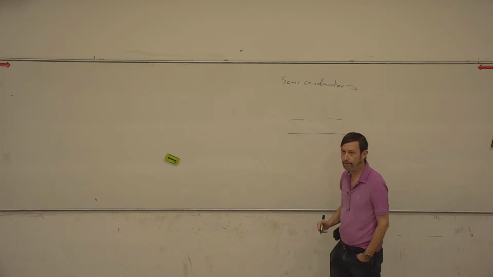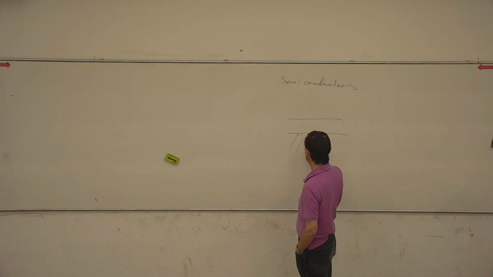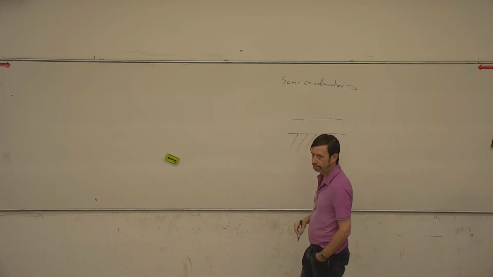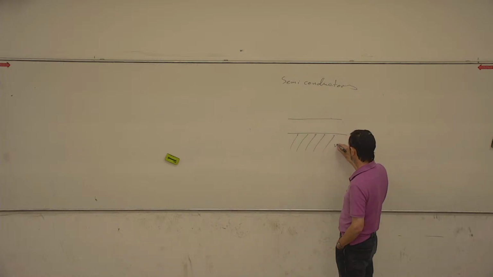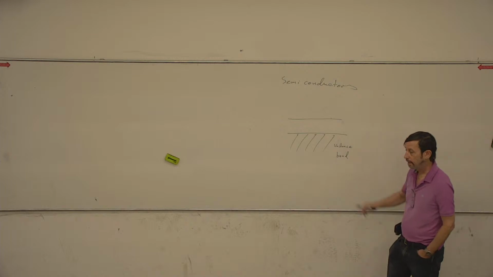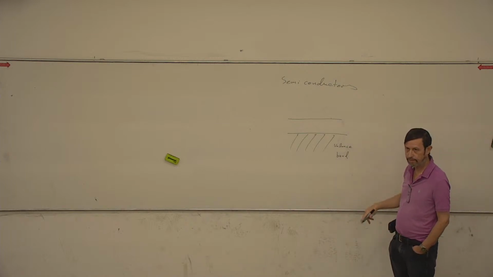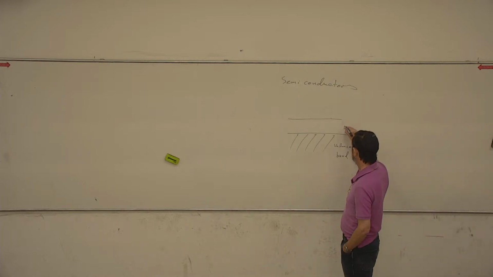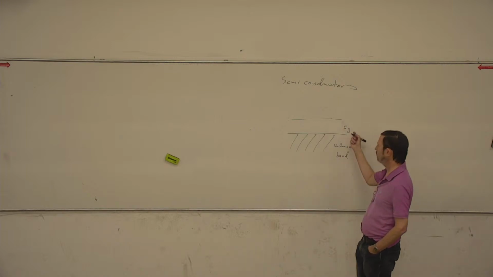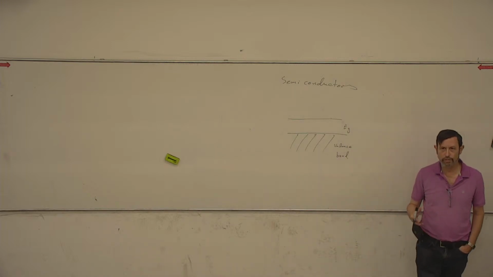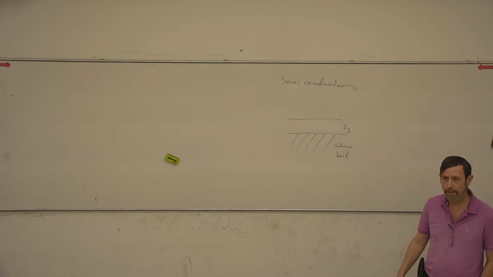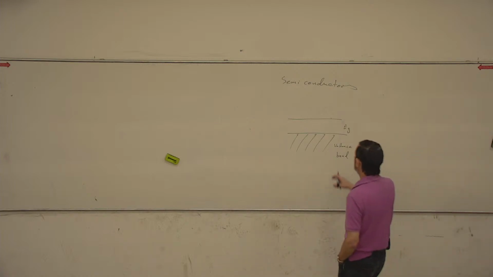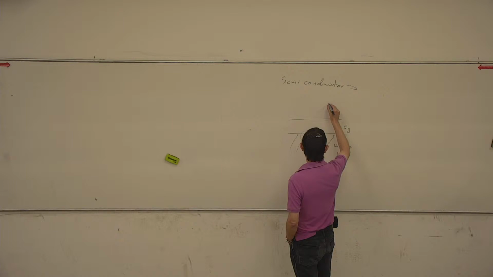Meaning that we have a filled up band, a gap, whose size we usually denote by EG, E gap, and a conduction band.